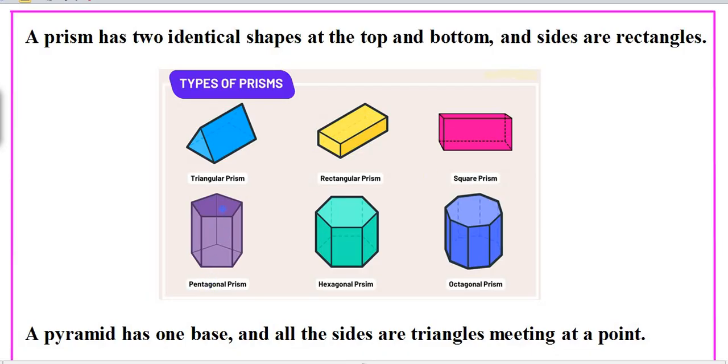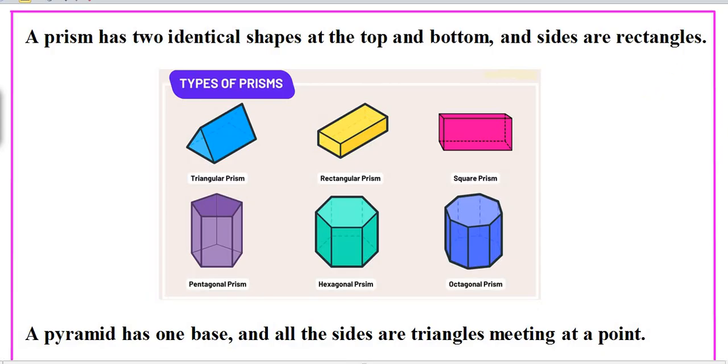Pentagonal prism, top and bottom are pentagons. Hexagonal prism, hexagons. Octagonal prism, octagons. So we give the name of the prism based on the shape of the top and bottom. If it's a triangle, triangular prism; rectangle, rectangular prism; and in all prisms the sides are rectangles. Hope it's clear.